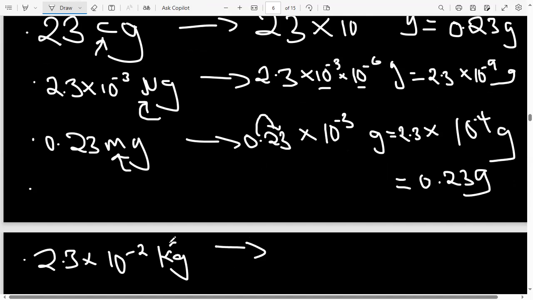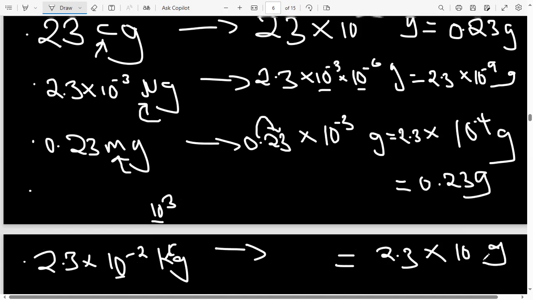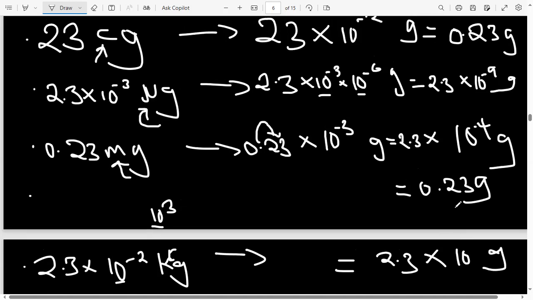So this kilo here, we said is what? 10 to the power 3. So this and this are the same, so we can add minus 2 and 3. What is minus 2 plus 3? It will be 1. Okay, so it means our final answer will just be 2.3 multiplied by 10 and then grams.